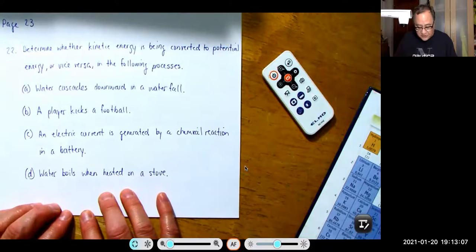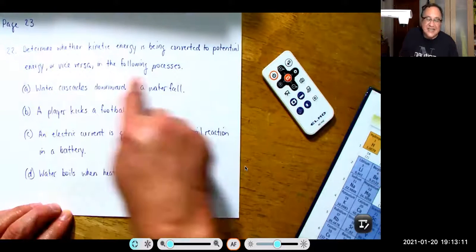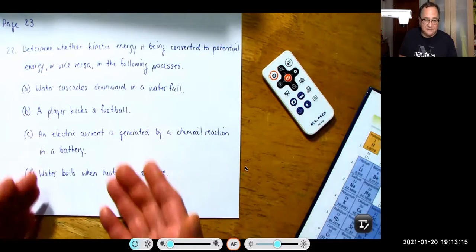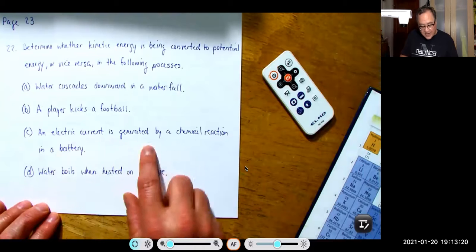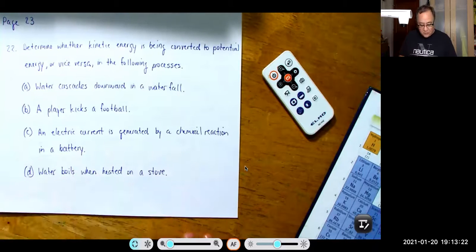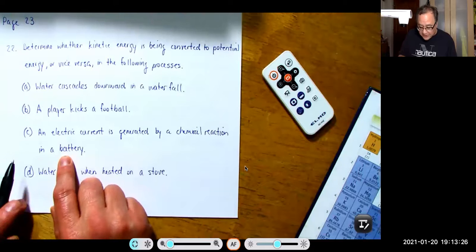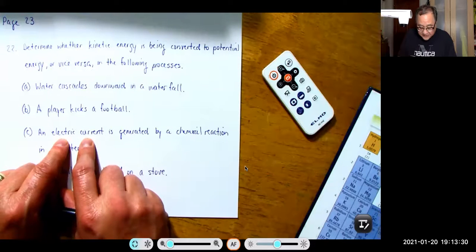Okay. So this question here is deceivingly simple considering what we're looking at here. Electric current is generated by a chemical reaction in a battery. Well, the battery is definitely stored energy. So the stored energy is being turned into kinetic energy because it's an electric current.